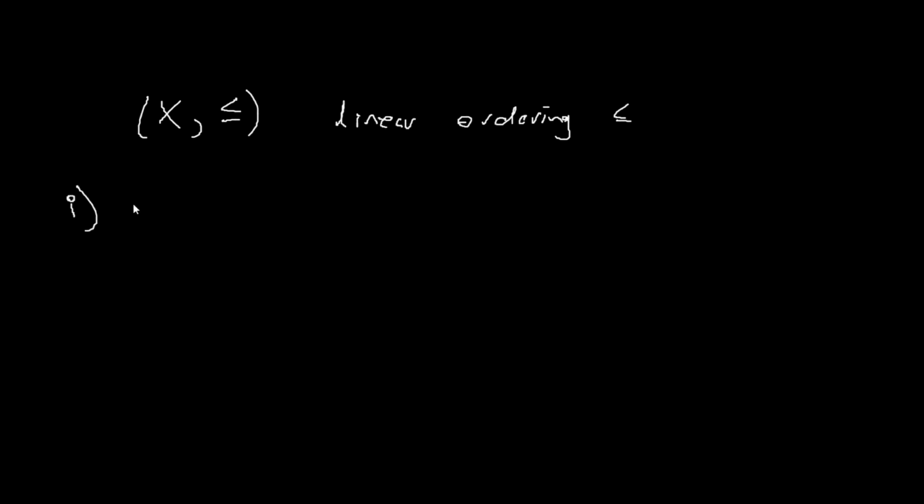First, we assume that the set is order-wise dense. And what I mean by that is that the linear ordering is dense, meaning that given any two distinct elements, you can find a third element between those two elements.